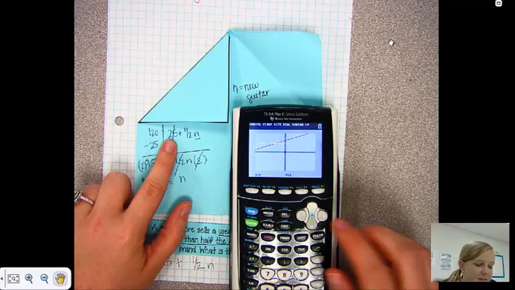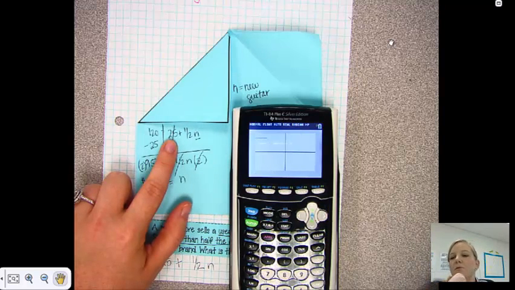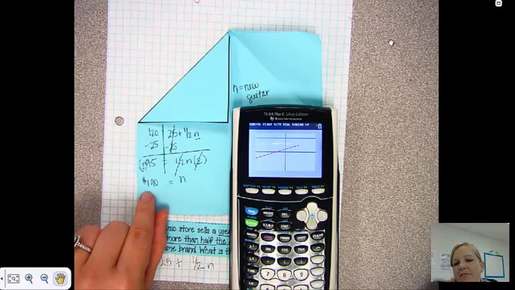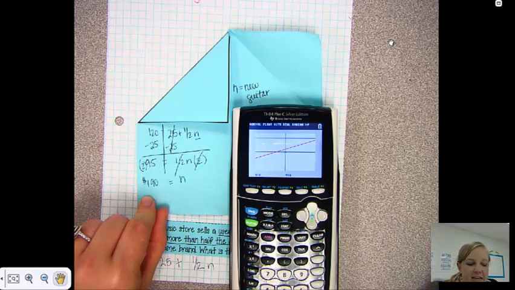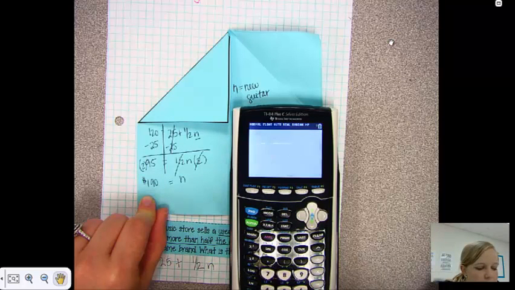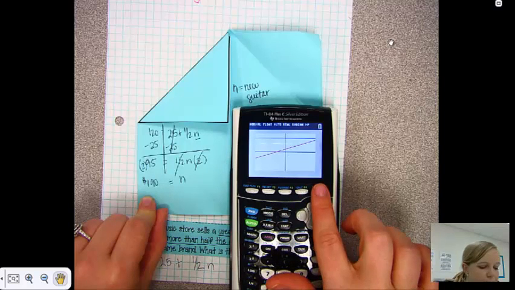Still can't see everything, so I'm going to zoom out again. Oh, there's the other line. Now that I can see where my lines intersect, I can trace the intersection and make sure that the value of x is actually 190. I'm going to do second trace, number 5, and then enter, enter, enter. Oops, still can't do it. Let me zoom out one more time.